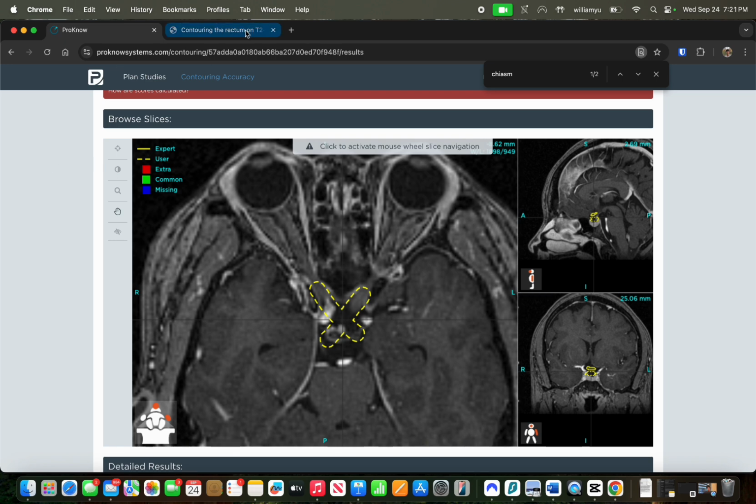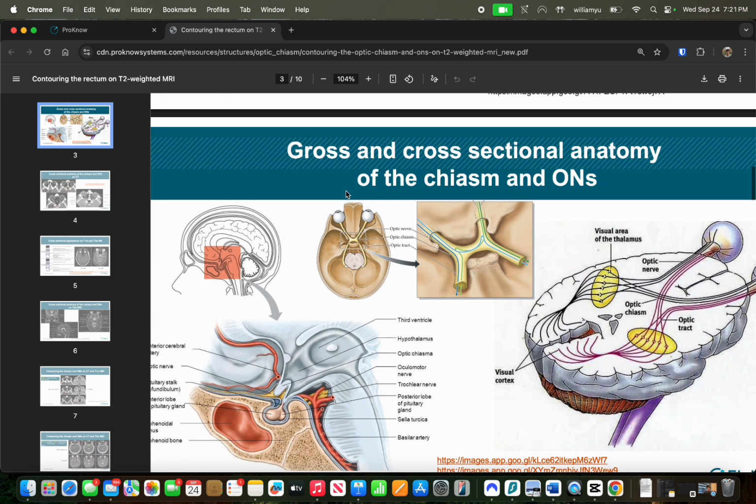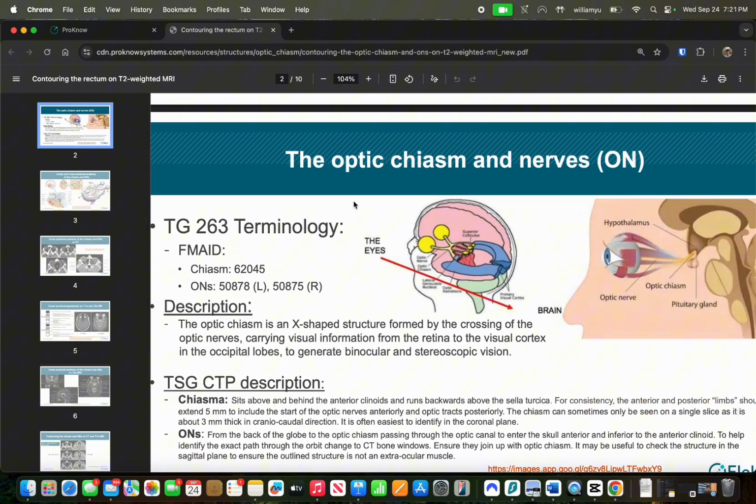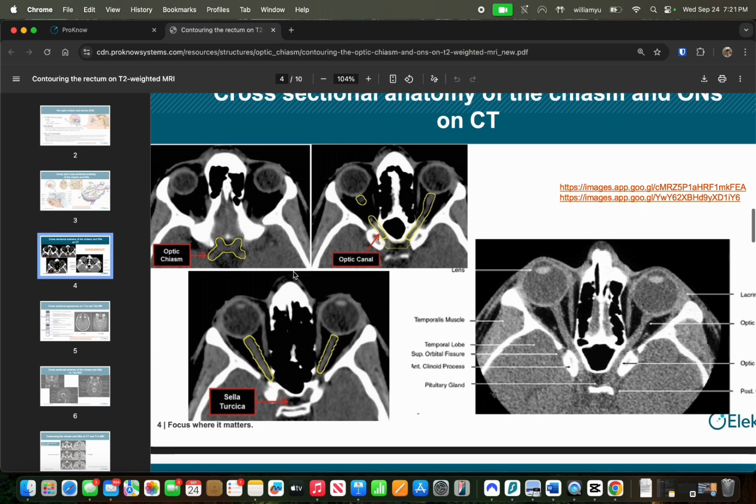And I can see this on the guidelines because of this picture. The optic nerve is at the midplane of the lenses, but the optic chiasm travels superiorly and posteriorly. It's also visible in these three pictures.